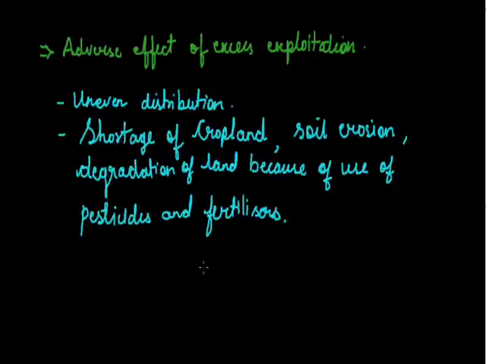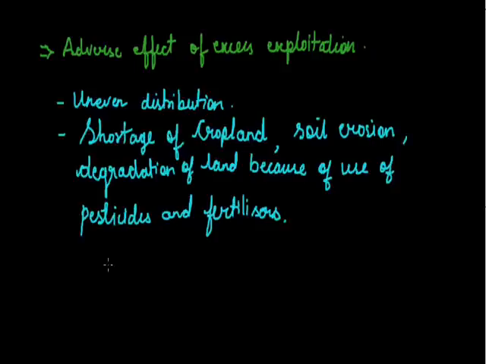Now what will be the consequences of this uneven, or we can say disturbed, use of land? As a consequence, the quality of land will decrease. Also, we'll see that nature is going to show its adverse effects in the form of landslides, and the quality of the soil is going to degrade.